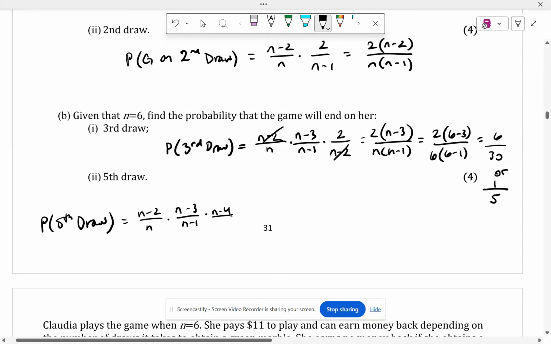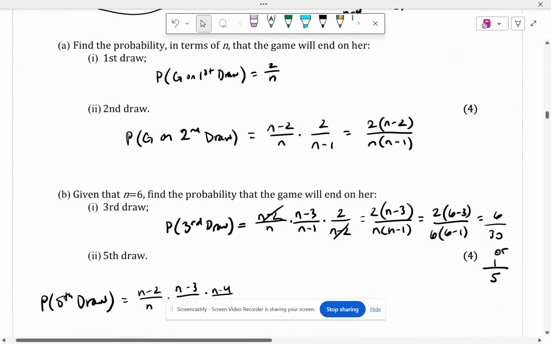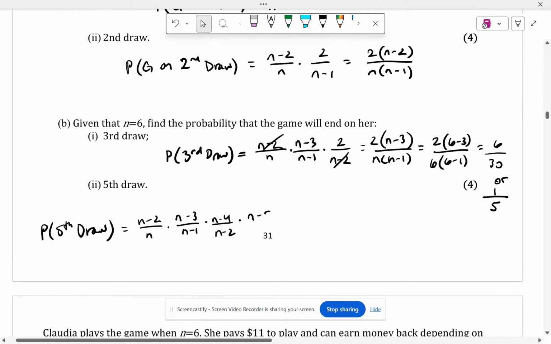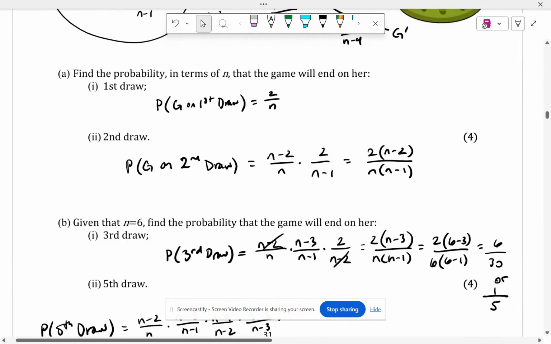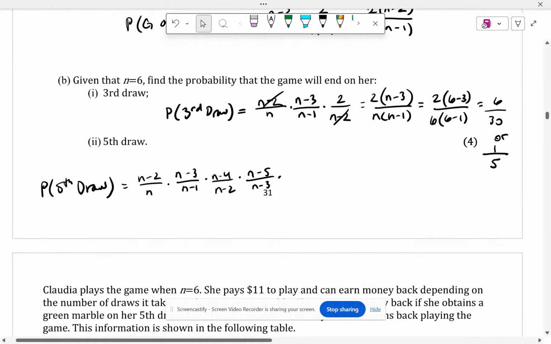So that's 3 picks. Fourth picks n minus 5 over n minus 3. That was the fourth, and then now I can go up to the green pick, which is 2 over n minus 4. All right, so what's going to cancel? I'm not going to change the color.